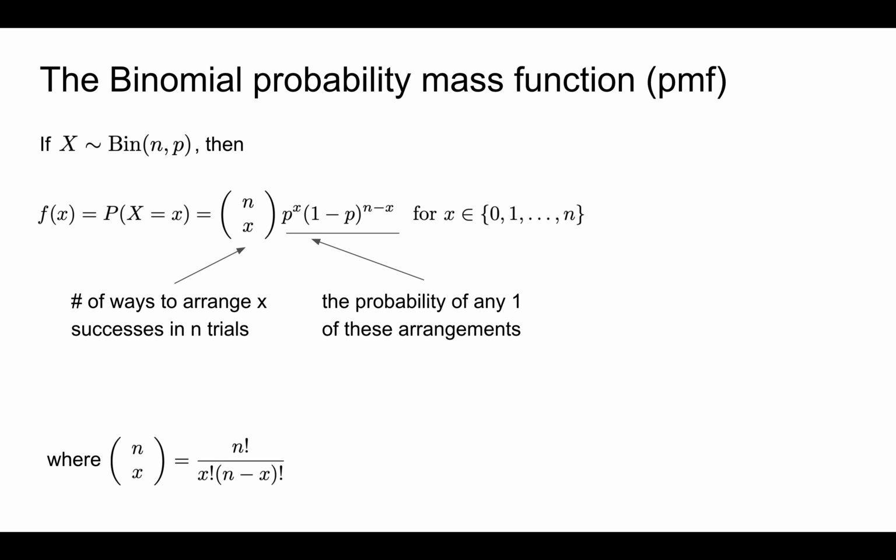For example, we have x successes, each with probability p. Thus, the total probability of these successes is p to the x. And if we have n trials and x successes, that means we have n minus x failures, each occurring with probability 1 minus p. Thus, our failures have a total probability of 1 minus p to the n minus x.